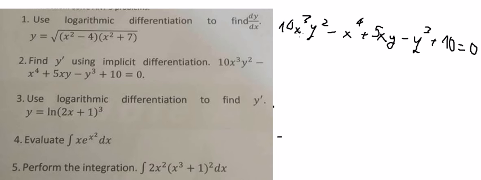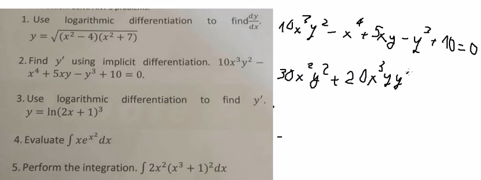If we take the first derivative on both sides, we take the first derivative of s to the power of 3 first. You get 30s squared y squared. Later we take the first derivative of this one. You get 10 multiplied with number 2. You get 20. And we have s to the power of 3 y and the first derivative of y.